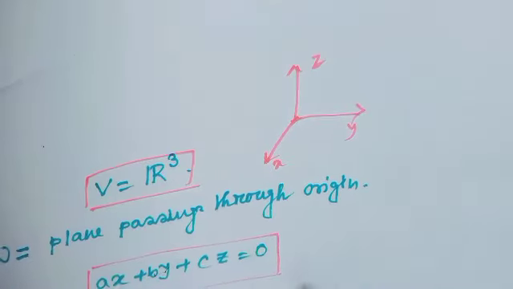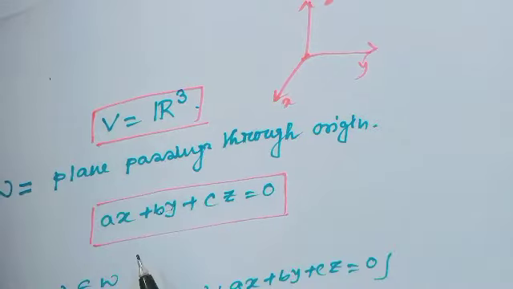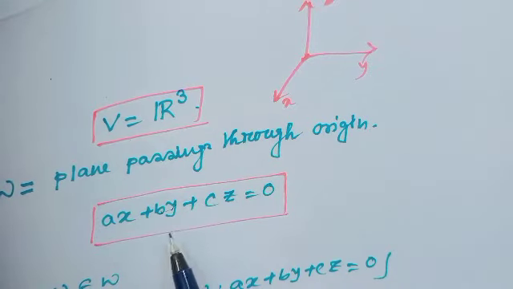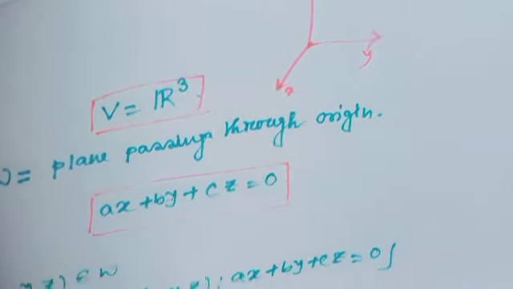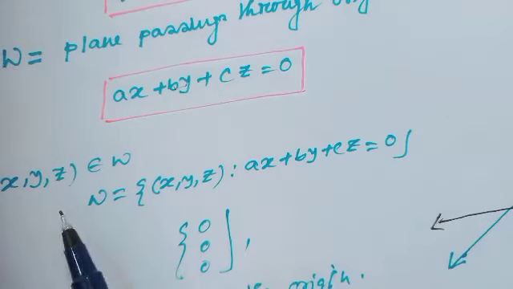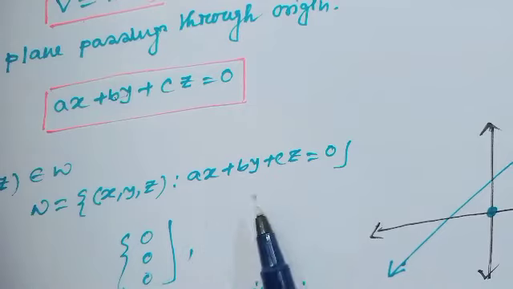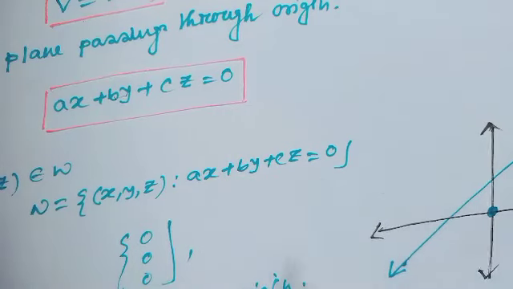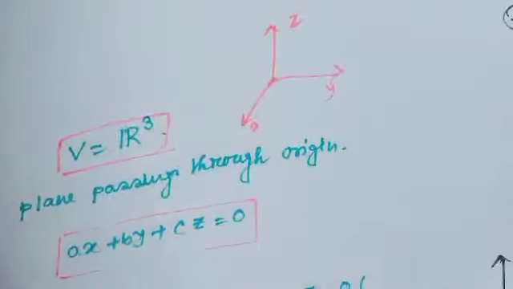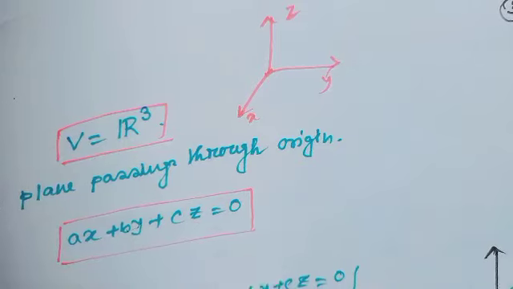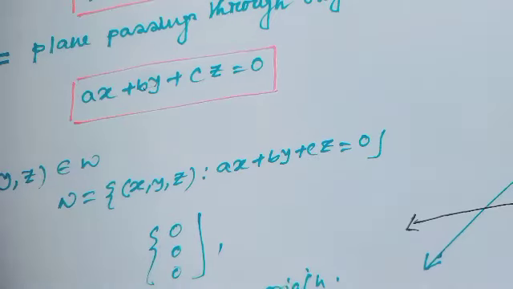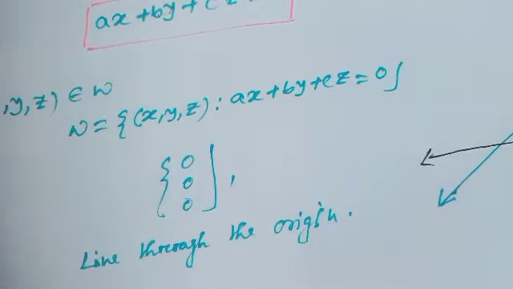That means the plane passing through the origin is ax plus by plus cz equal to 0. That means the set of those vectors (x, y, z) belonging to W such that ax plus by plus cz equals 0. That means in R3 there exist 3 types of subspace. Okay? Are you getting it? Well.